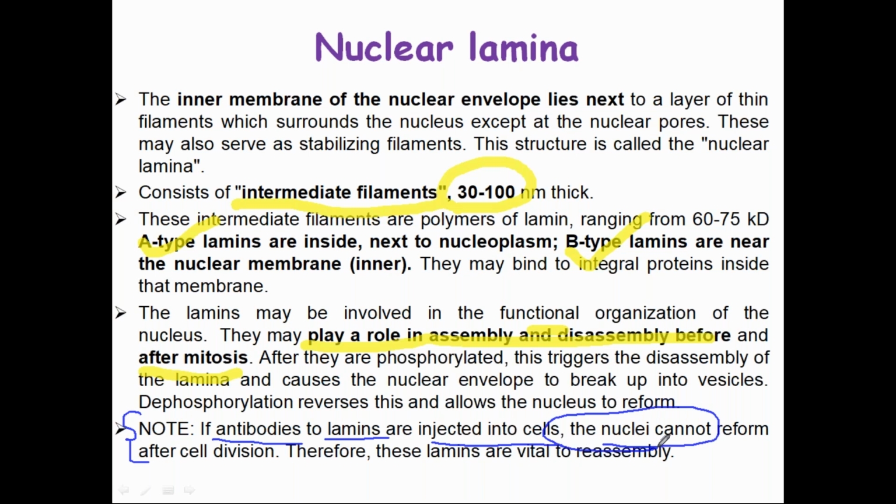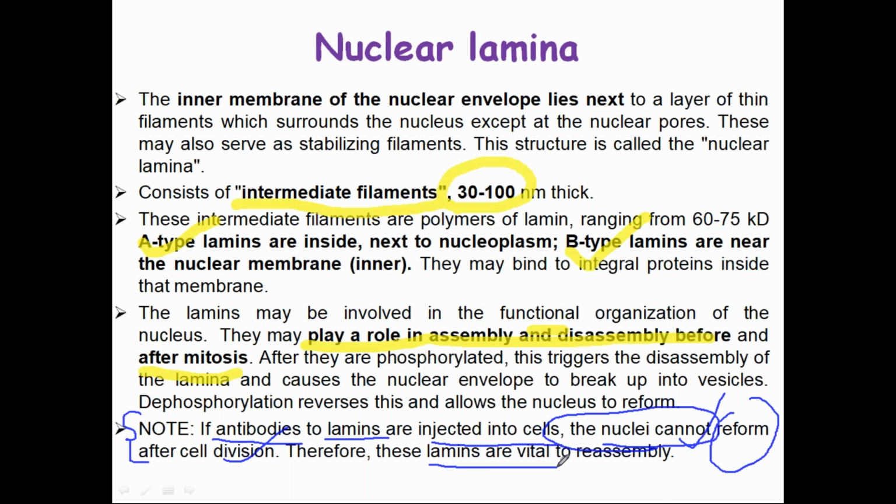If some kind of experimental condition is given to you, and mostly this type of question comes in your part C analytical type: what will happen if anti-lamins are injected into the cell and the cell is dividing? What will happen? The cell division can occur, but the nucleus will not form. The nucleus will never be formed. It cannot reform after the cell division.